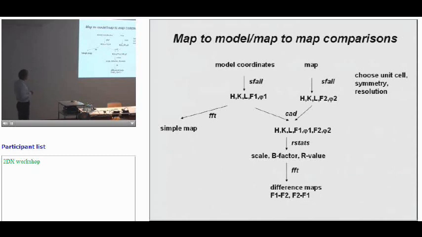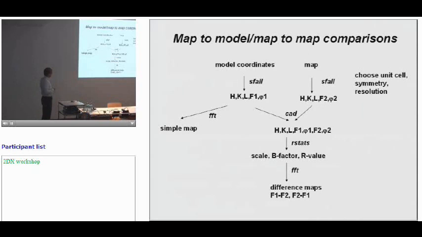Of course, you can calculate a simple map from this structure at any resolution that you're interested in. But then you can also use this program CAD to combine these two files together. And so you have this combined, merged MTZ file here.